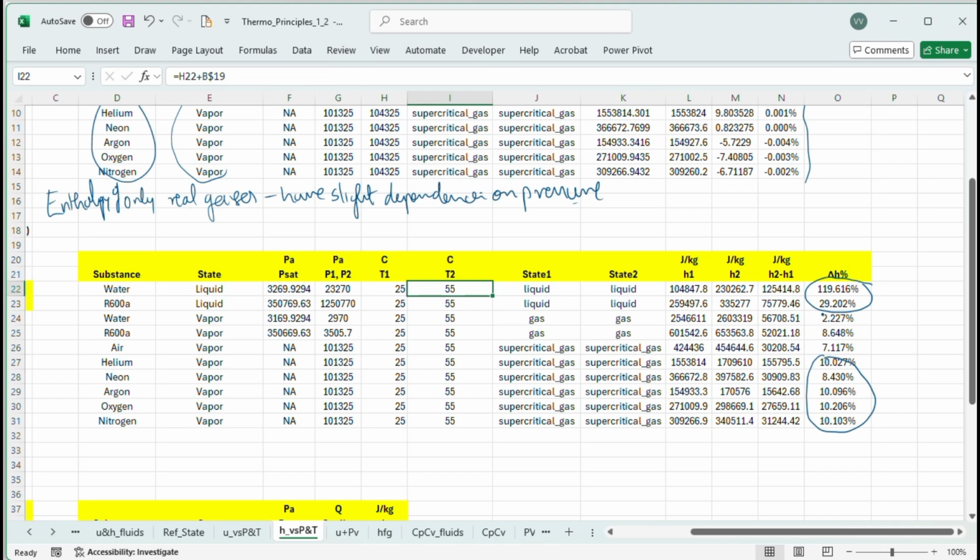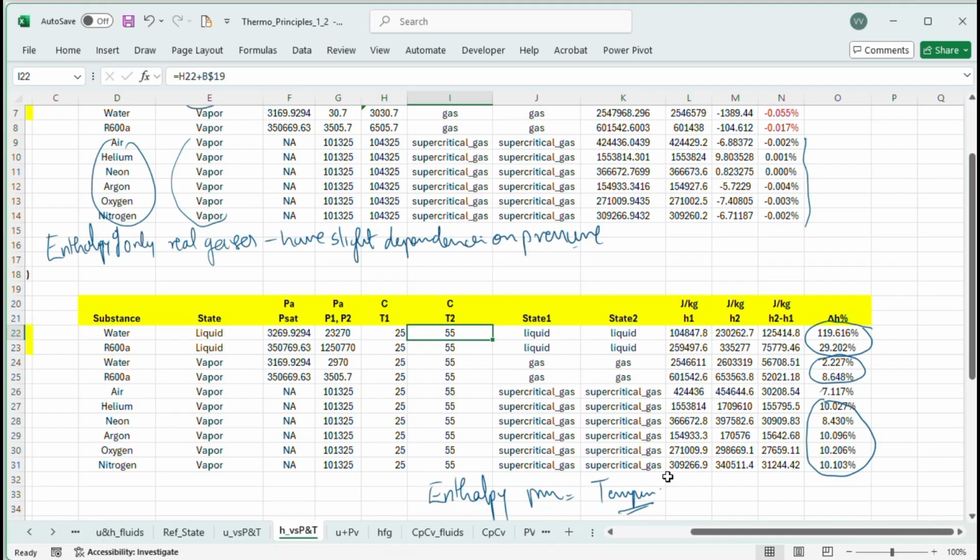For real gases, the enthalpy change is significant, but slightly lower than ideal gases. So strongly we could say enthalpy is primarily dependent on temperature.